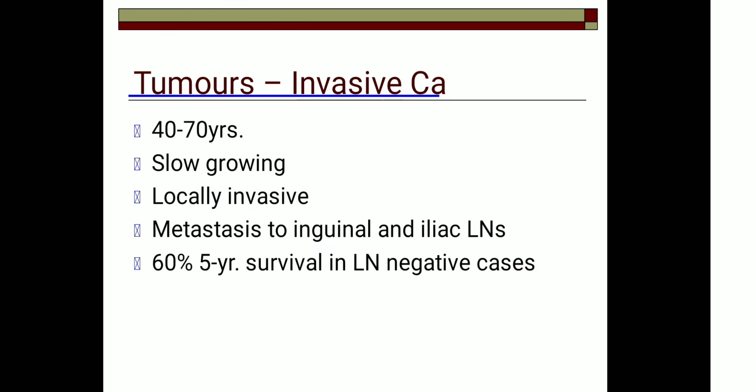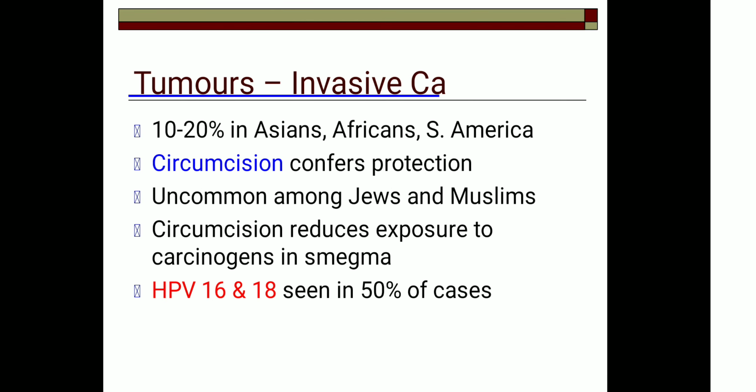Okay. Now, invasive carcinoma of penis. It is usually seen in elderly patients, in late adulthood. Slow growing, locally invasive with metastasis to the adjacent lymph nodes, inguinal, iliac, etc. It is usually seen in 10 to 20% in Asians, Africans, and South Americans, and circumcision confers a protection against this CA penis.